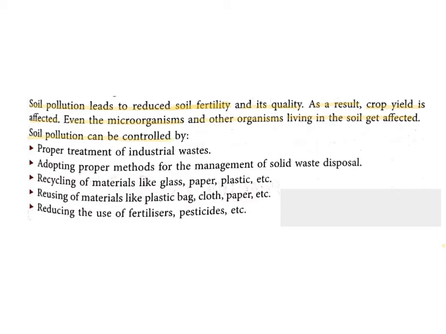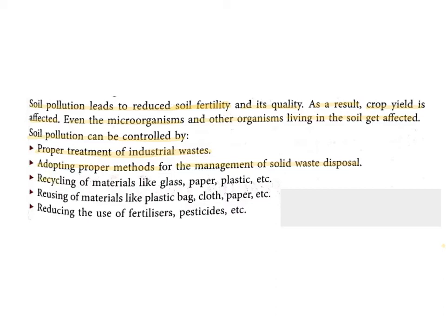Soil pollution can be controlled by, so these are the ways by which we can control soil pollution. The first one is proper treatment of industrial waste. So industrial wastes should be treated properly. The second point, adopting proper methods for management of solid waste disposal. Instead of dumping them in the soil, we have to manage this waste properly.